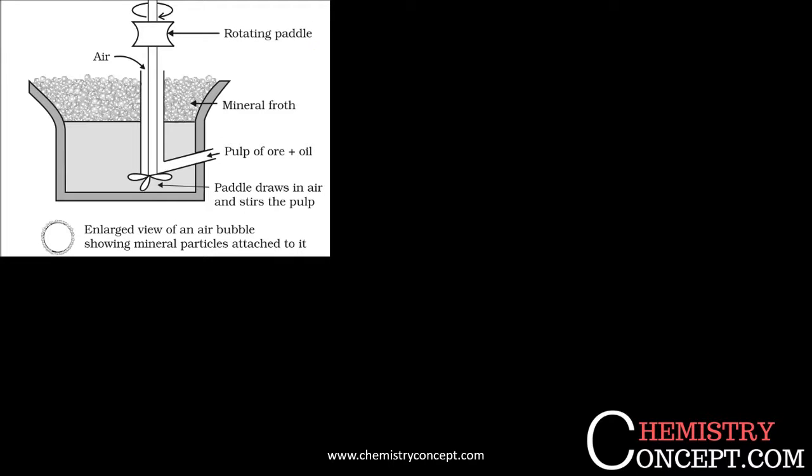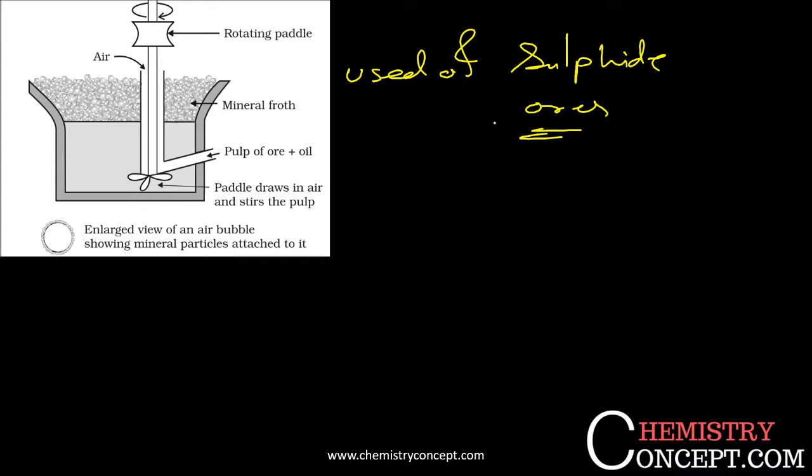And next method is the flotation process. In this froth method, what is going to happen? We used to remove the gangue from this. Generally it is used for sulfide ores.